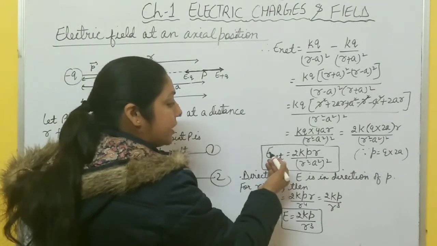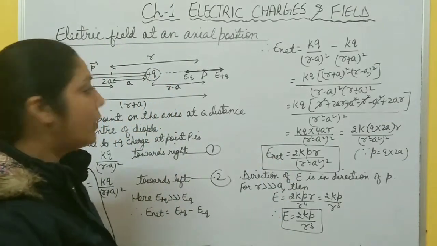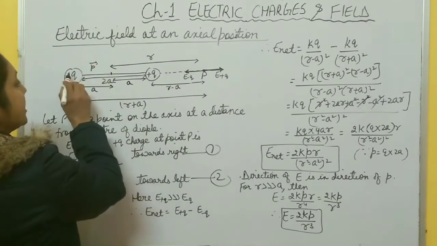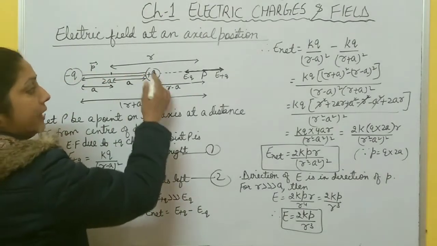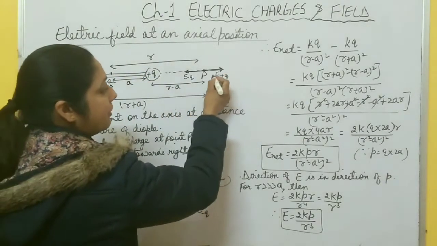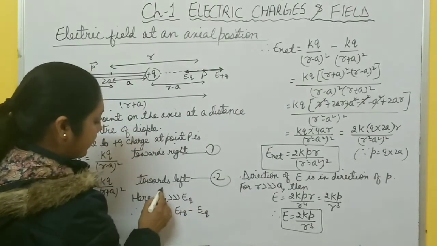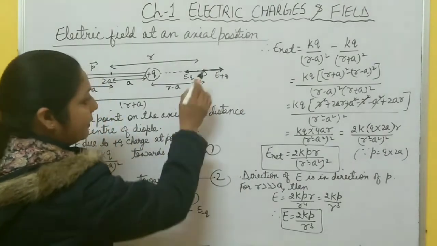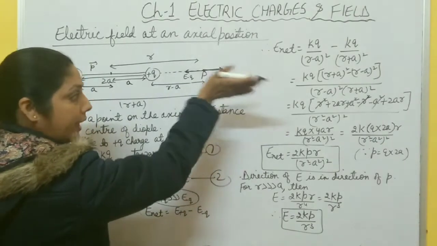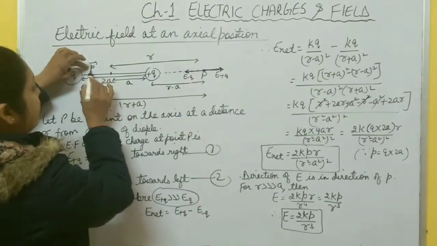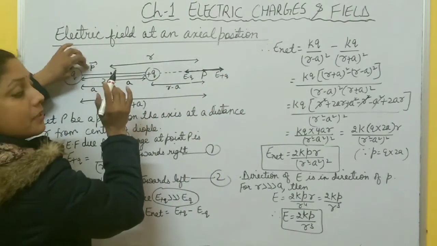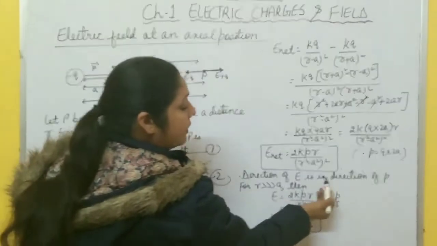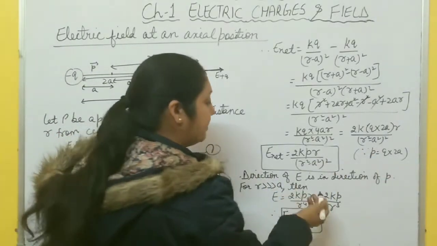And what is the direction of this electric field? Electric field is a vector quantity. The direction of the dipole moment is from minus q to plus q, and the net electric field is in the direction of the greater field, E plus q, which is greater than E minus q, and plus q is towards the right. Right means towards the dipole moment direction, minus q to plus q. So the direction of the electric field is in the direction of the dipole moment p.